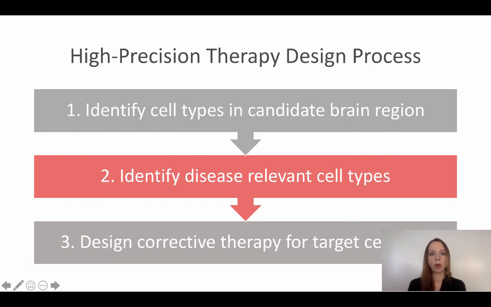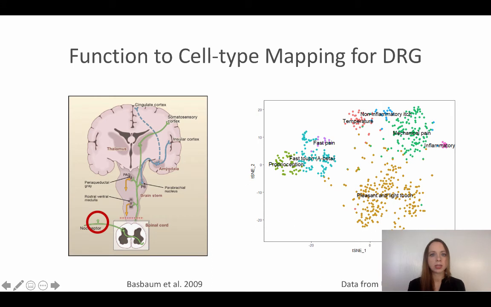Now I have told you how to identify cell types in a brain region, and the question is, why is this relevant? Well, it turns out that specific cell types mediate distinct functions. For example, let's look at cell types in the dorsal root ganglion, which is a cluster of cells that enables us to feel touch, temperature, pain, and other sensations.